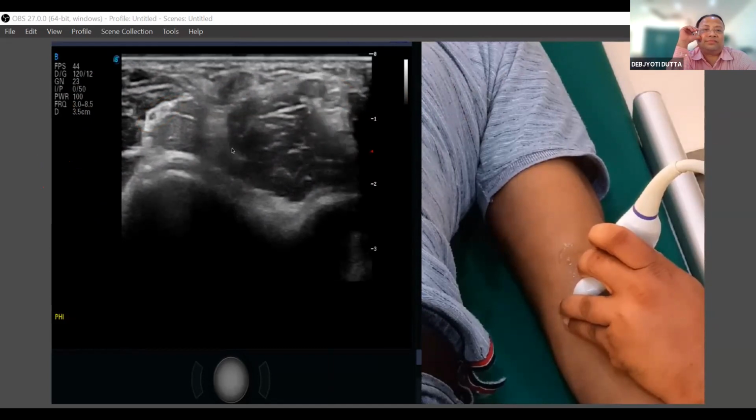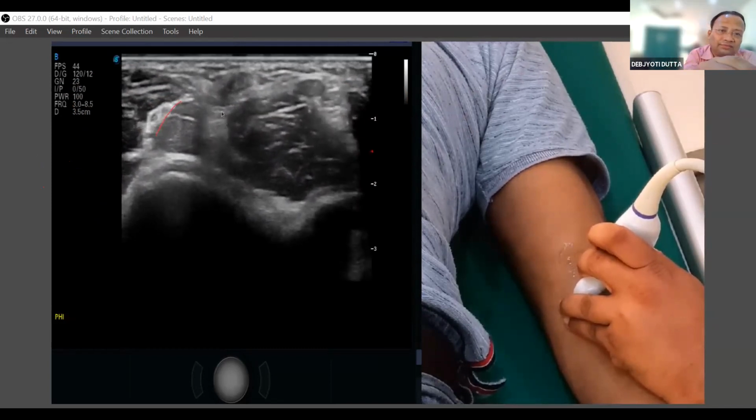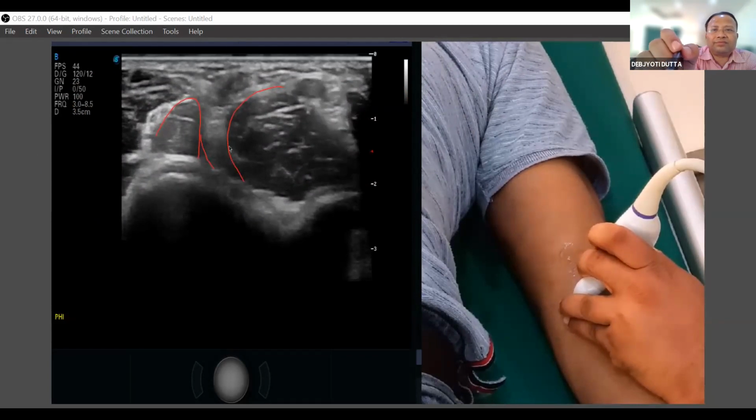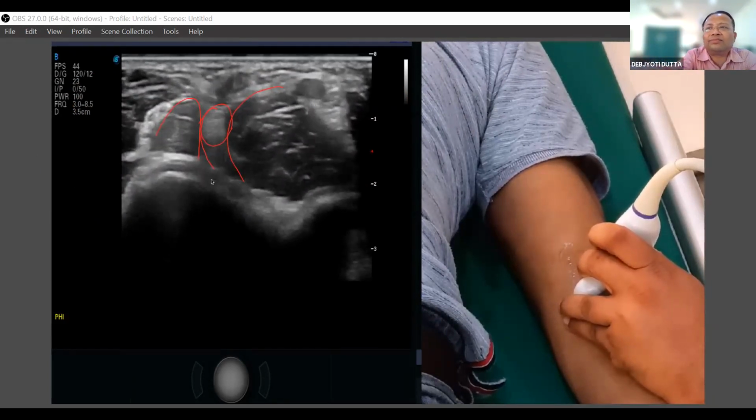It starts at the myotendinous junction, so some part of the tendon you are able to see. Don't confuse it as a separate muscle. This is the same muscle, brachialis. This part shows triangular and this part shows something like oval, but this is the tendon inside the brachialis muscle. Do not consider this as a separate thing, okay? And here are the two parts of the radial nerve. So, is it clear?